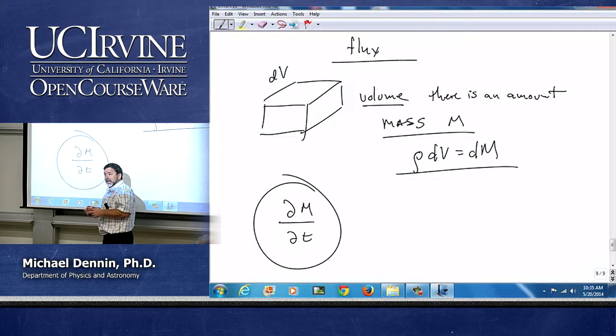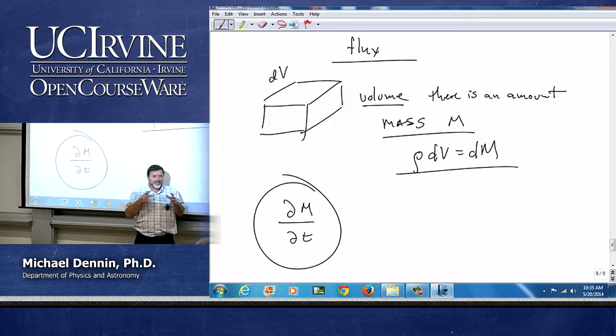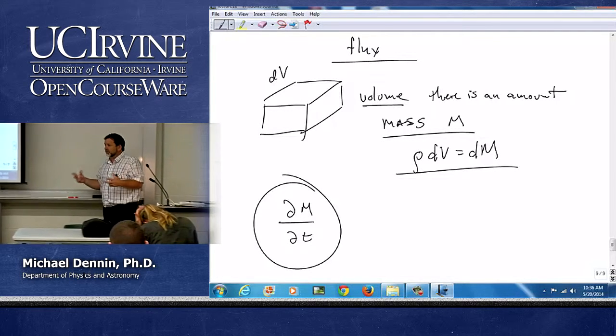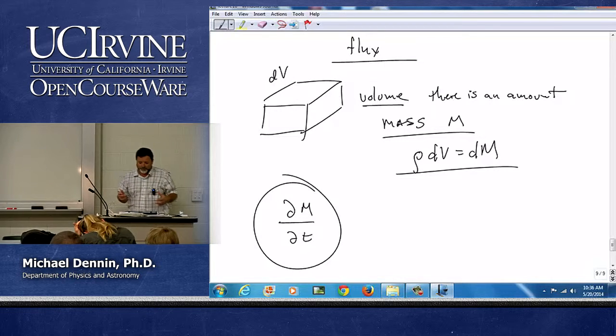The mass can change, as we're going to see, at that space by it moving through space, right? So the total derivative with respect to time will involve motion through space as well as changes in time at a point. But what I asked you about was the change in mass at that point in space in time. And that's the definition of a partial derivative. And you really want to understand physically, and from a physics point of view, why we care about partial derivatives versus total derivatives. And that's one of the key reasons.